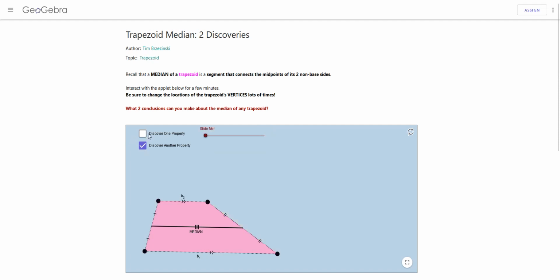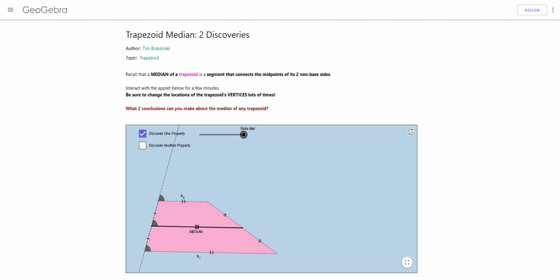Another way we could do it here is just noticing that it's parallel. So the median has a length the same as the average of the two bases, and it is parallel to both bases as well. So that's kind of a nice property of that trapezoid as well.